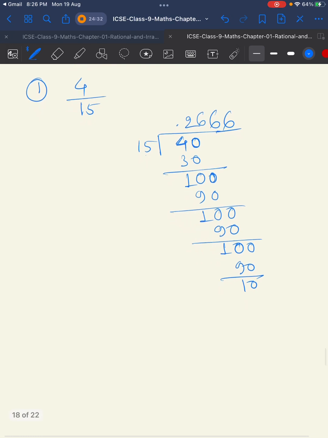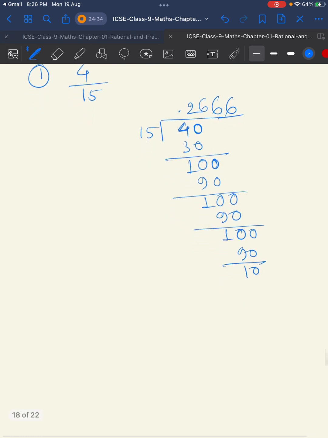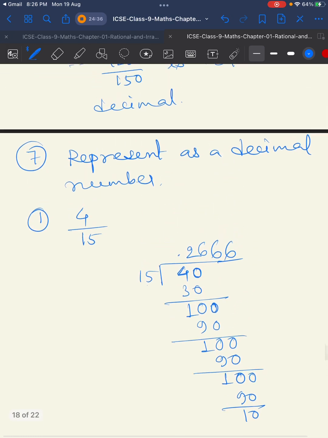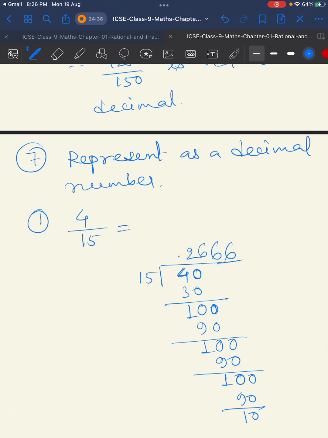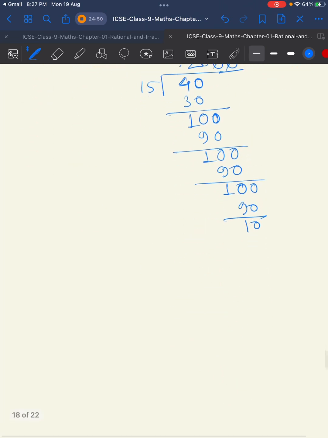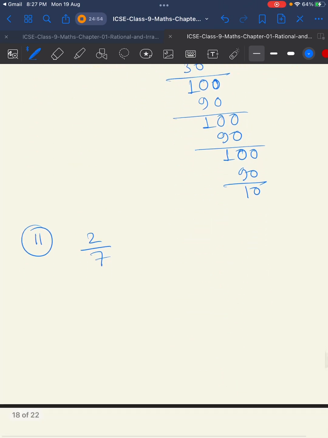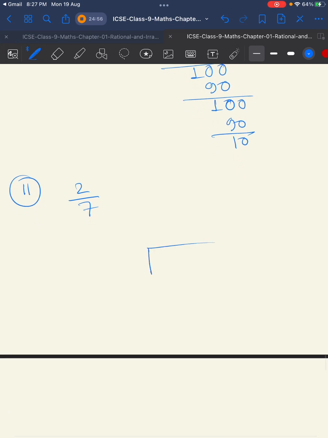So this division is going on, and the single digit 6 is repeated here. So the quotient is 0.2666, so we can write it as 0.26 with a bar over the 6. Okay, now question number 2, 2 by 7.